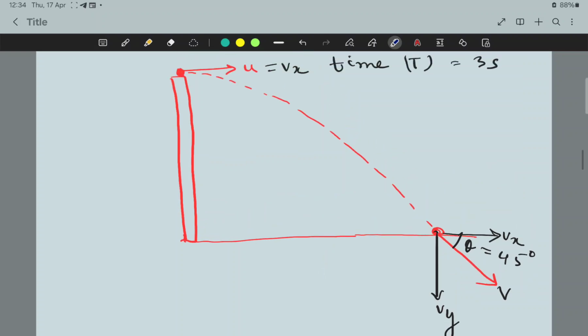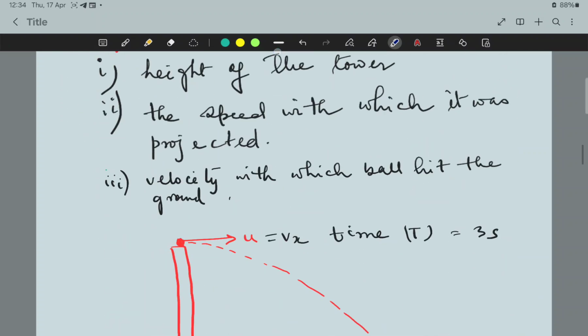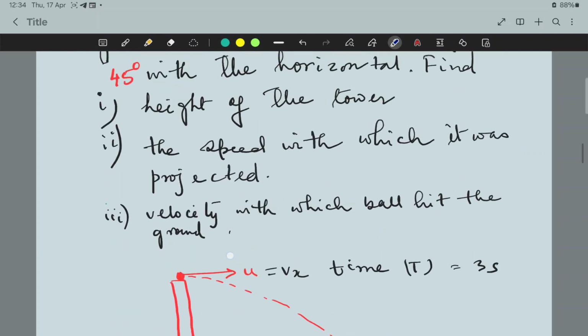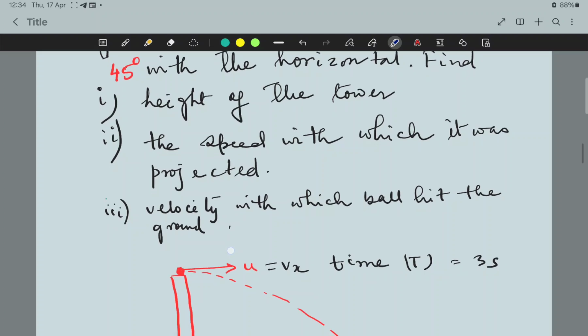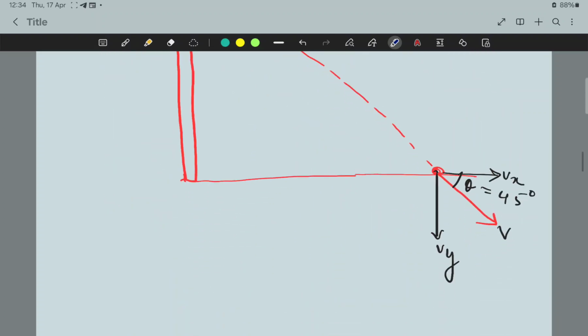So while finding height, we will definitely consider the motion of the ball along y direction. So let's write the equation from which we can get the height. In order to find height, we will definitely choose the second equation of motion along y direction.